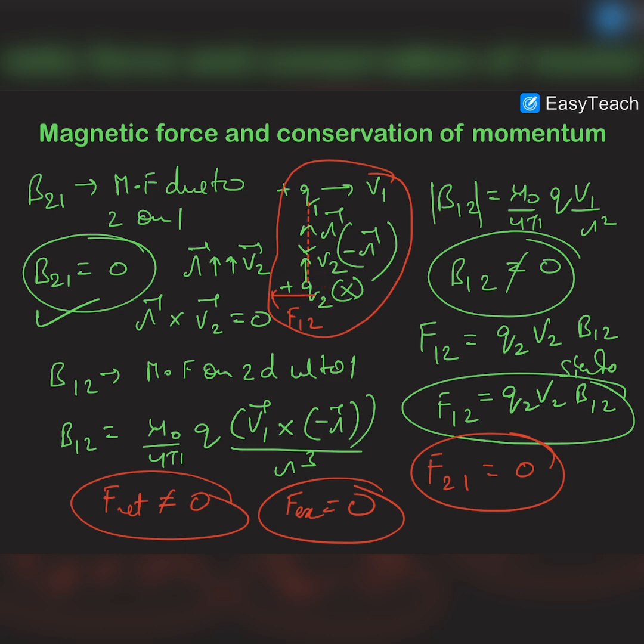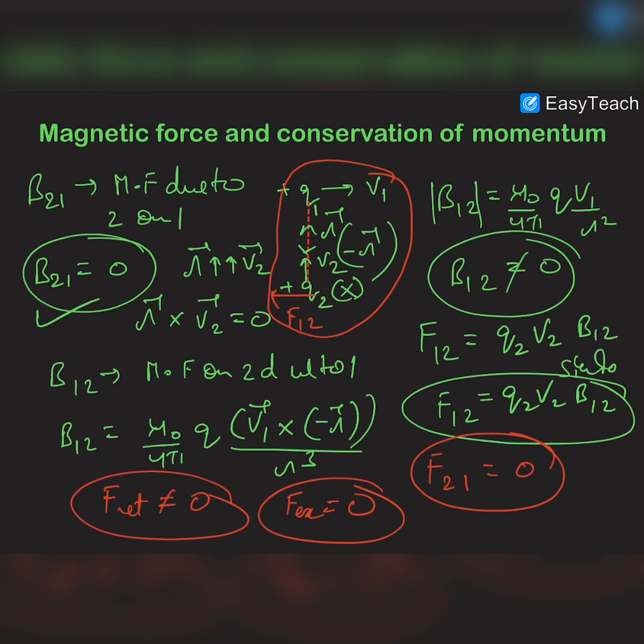In the same way, if we are just conserving the momentum due to the magnetic forces only, then obviously the magnetic force individually will not obey the law of conservation of angular momentum or linear momentum.